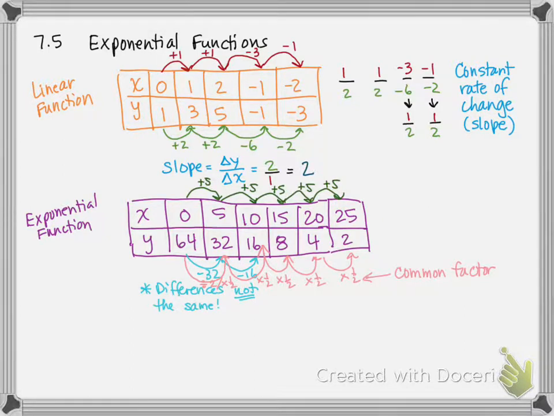Anytime I have this idea of a common factor, now I'm talking about an exponential function. So going back up to the top part, with this exponential function, I don't have an adding or subtracting pattern that's eventually going to simplify down to the same exact pattern.